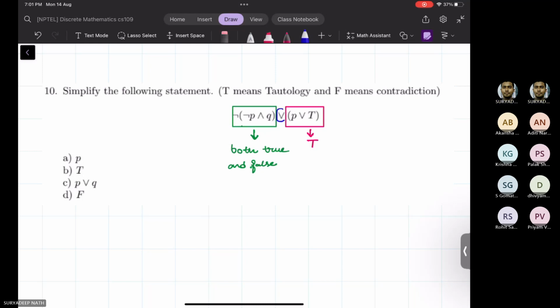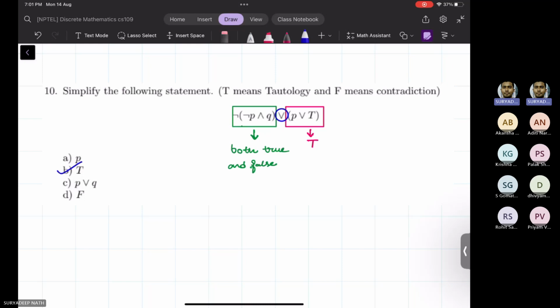On the left hand side is a variable that can be either true or false. On the right hand side, it is always true. So therefore, what do you think it will be? It will always be a tautology, right? So option B is the right answer for this question.